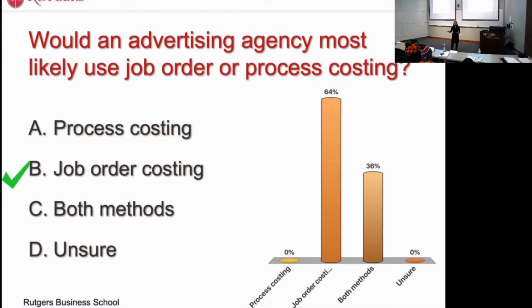That's why I dropped the word product in my slide. The textbook is focusing on manufacturing firms, but in reality we have more than that. So those cost accounting systems still apply to service firms.